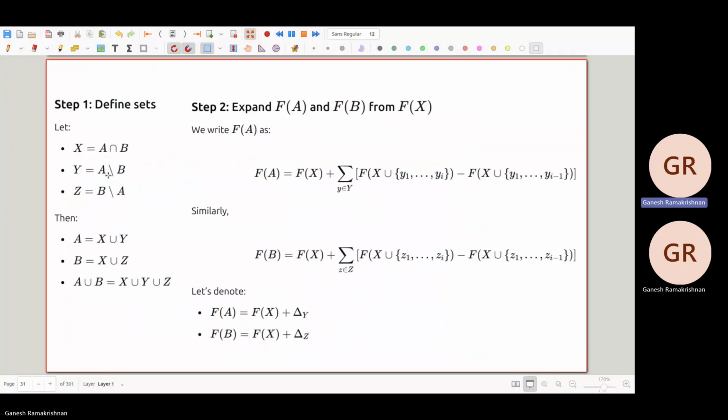You remember the same principle of telescopic summing. Every term will come twice except the first term, which is the original set. Then you need to apply diminishing returns at every step.